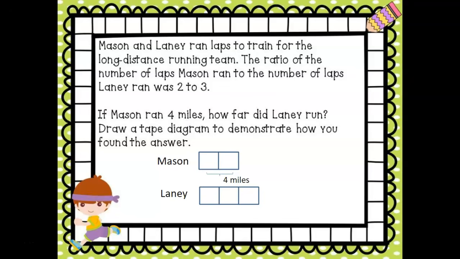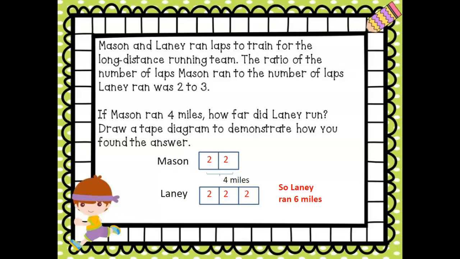So how many miles are in each box? Yep, in each box there would be 2 miles. So that means in Laney's boxes there's also 2 miles in each box. So how far did Laney run? Laney ran 6 miles, 2 plus 2 plus 2, or you could have just done 3 times 2.